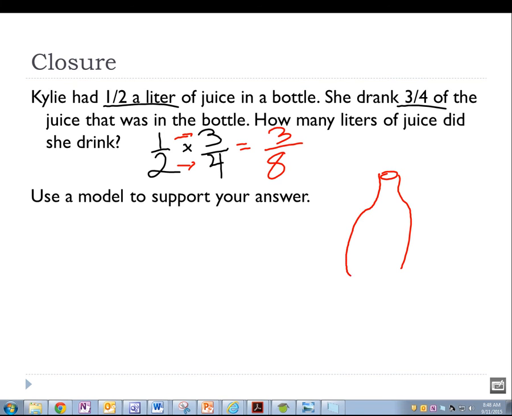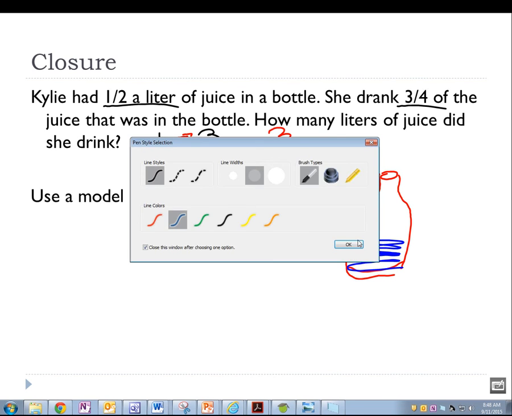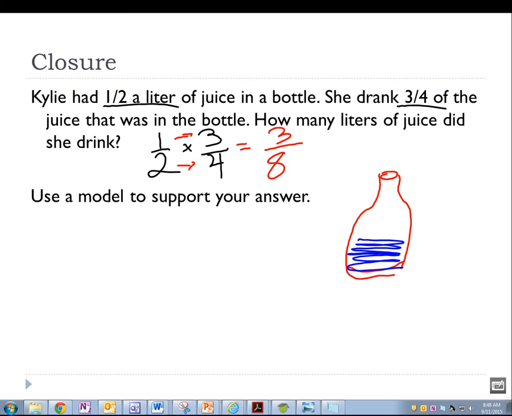Okay, we'll say it's a 1 liter bottle of blue juice, and you drank 3/4 of it. It's asking, of that original half, how much do you have that you drank? You drank 3/4 of a half, so we would have 3/8.